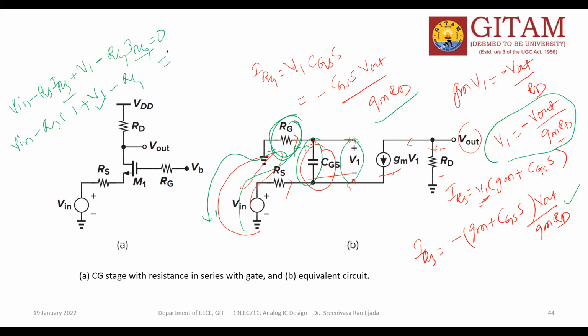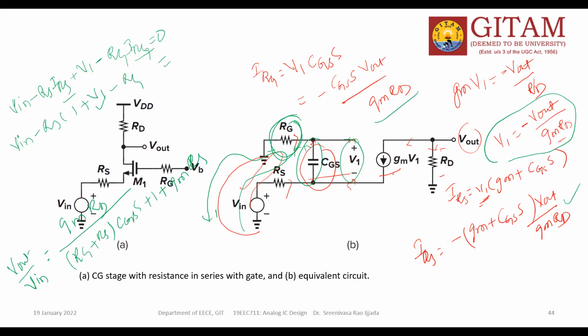Then take the ratio, and you will get Vout by Vin equal to gm RD by (RG plus RS) into CGS into s plus 1 plus gm into RS. This is the transfer function you got.